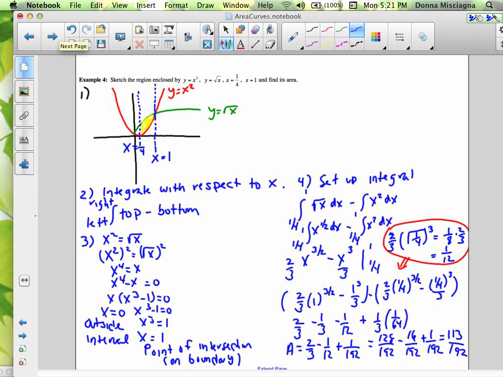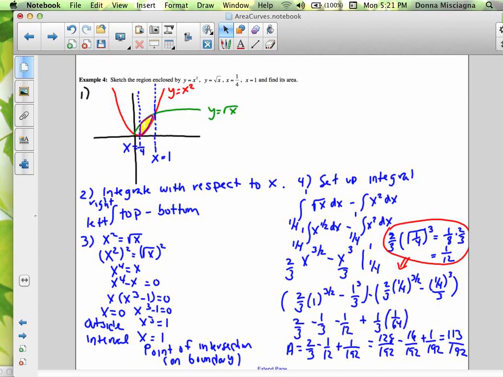So maybe I'll try to outline it in purple here. Let's see how well I can do. There we go. We're finding that purple area right there. So we've got the green on top.